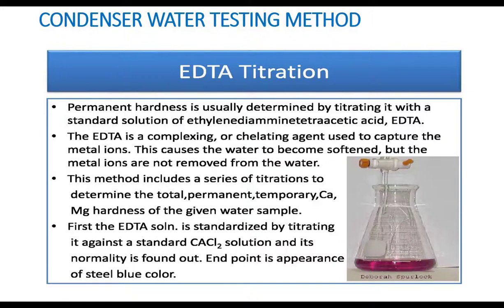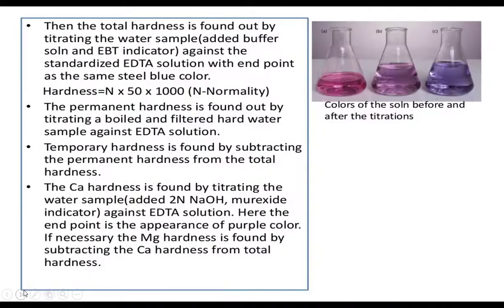The endpoint is the appearance of a steel blue color. First the pink point, then the endpoint is the appearance of the steel blue color. You can see here there are three flasks, A, B, C, showing the colors of the solutions before and after the titration.